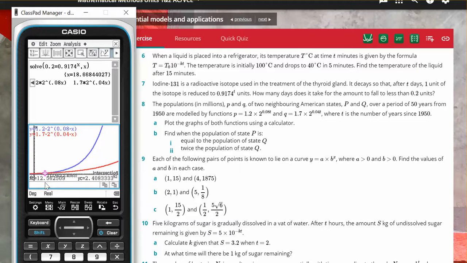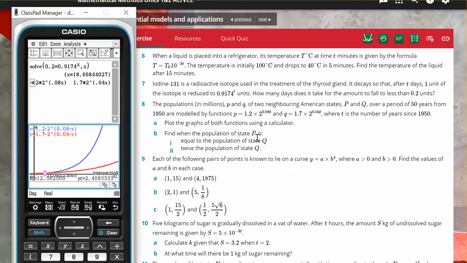It equals at 12.56, after 12.56 years. Now, you've got to be careful. I'm assuming whenever you're doing exponentials, you usually round up, because they don't really equal at 12 years' time. It's more the 13th year. So 13 years after 1950 is 1963. So I'll answer with 1963.